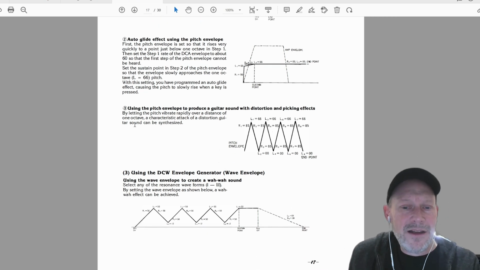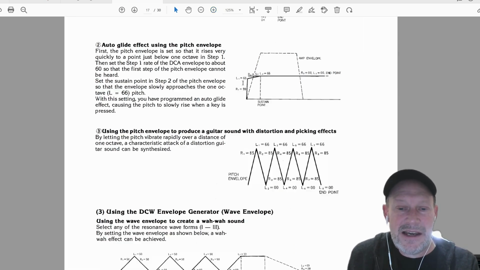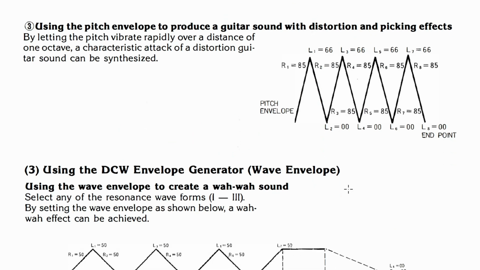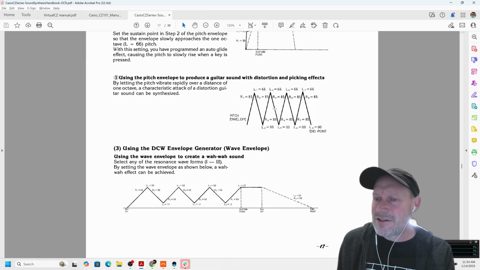There's also, I don't find this particular example actually to be super realistic, but there's this really funny mention here, again using the 8 stage envelopes of the CZ-101. It says, hey, if you take pitch and you modulate it very rapidly in this triangular way over the course of an octave, it'll sound like the attack of a distortion guitar, like an electric guitar under distortion.